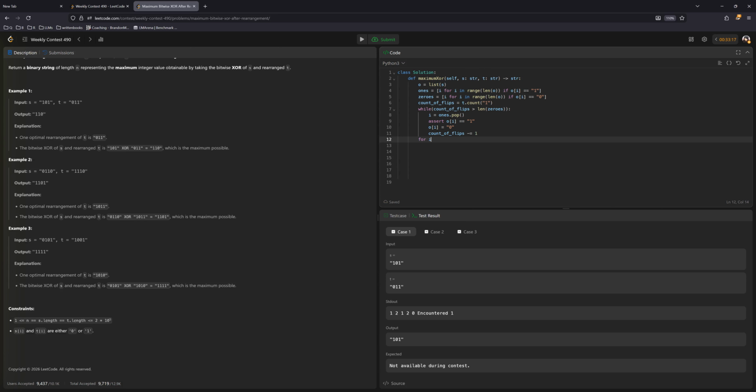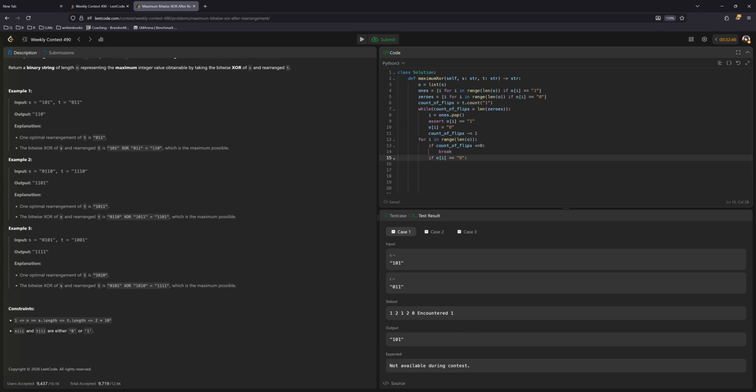Now, for I in range length O, if O of I equals 0, first off, if it's less than or equal to 0, then break.